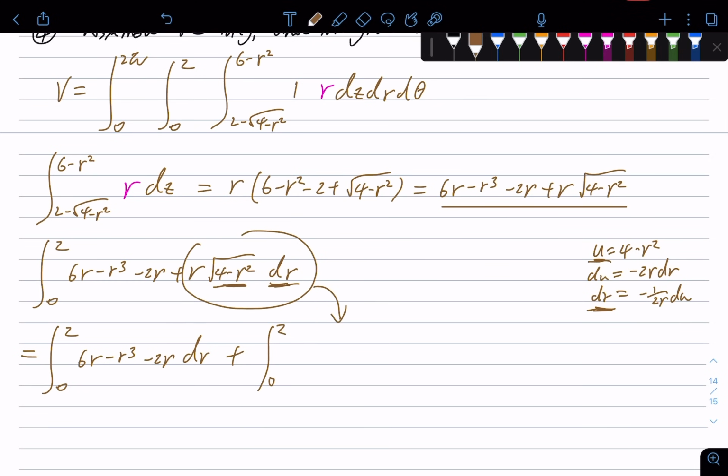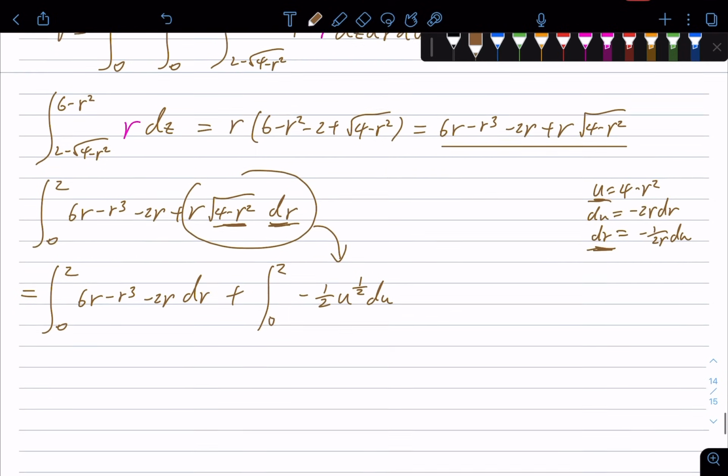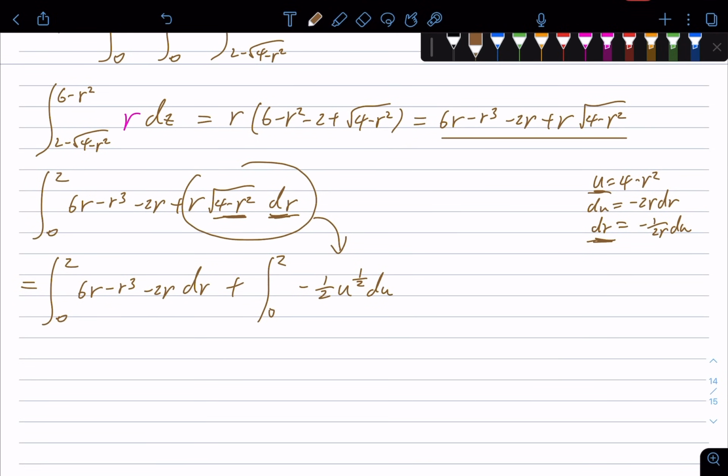So we're going to have minus 1 over 2, u to the 1/2 power du. I think hopefully you remember your u substitution methods from Calc 1 or Calc 2. What do we have over here? This will be a minus 4 minus 0 for the left integral right here.